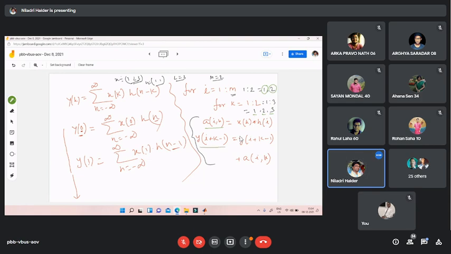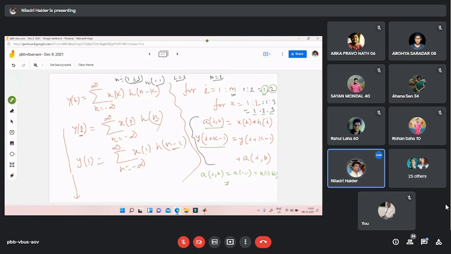So how are you getting it? Suppose first considering I equal to 1. So for I equal to 1, when k equal to 1, what is the value of aik? That is a 1 1. Xk, k equal to 1, I equal to 1, so x1 into h1. Next value is k equal to 2, I equal to 1 will remain.